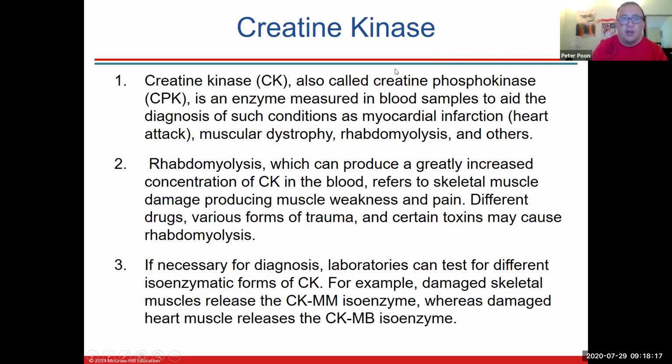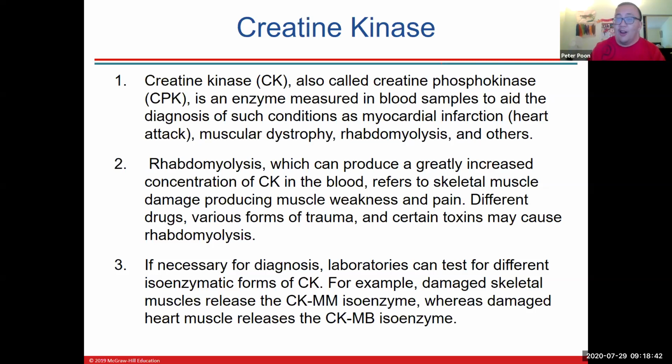Creatine kinase is an enzyme that's measured in blood samples to aid diagnosis of heart attacks and muscular dystrophy. It comes from the rupture of muscle. So heart attacks, cardiac muscle; muscular dystrophy, skeletal muscle; rhabdomyolysis.